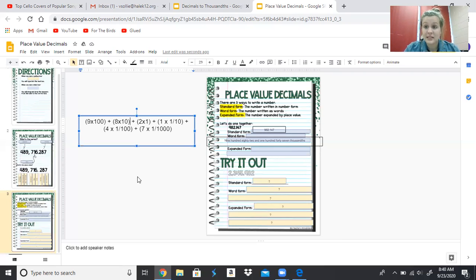And you don't put a decimal when you are writing in expanded form, you just continue going. However, you're going to either write it as a fraction or you can write it as a decimal. I'm going to show you both ways, okay?